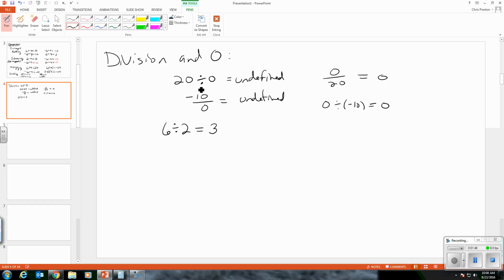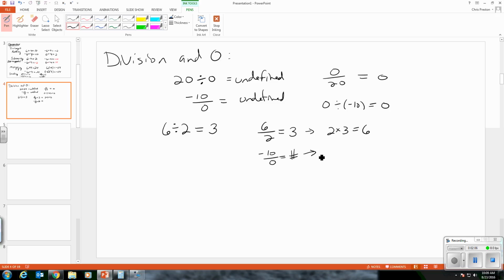Another problem with dividing by 0: if I have 6 divided by 2 equals 3, the reason why is because 2 times 3 is 6. So think about if I had negative 10 divided by 0 equals some number, whatever that number is.